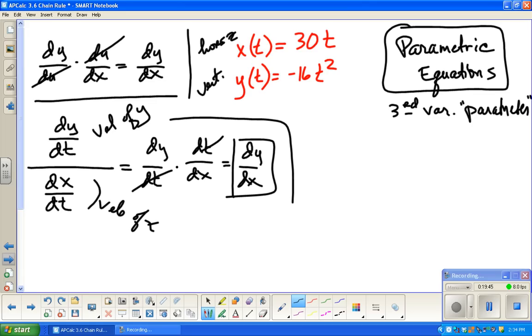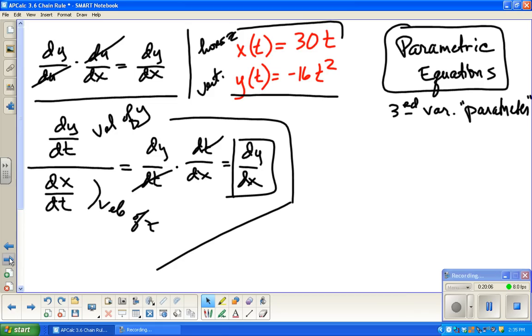Right, so the idea then is this is all about the vertical stuff, and then this one's all about the horizontal stuff. And what if I want to know what the change in y with respect to x is instead of the change in y with respect to time? So it's kind of like a speed, it's a velocity, it's a rate of change, but it's not with respect to time this time. Okay?